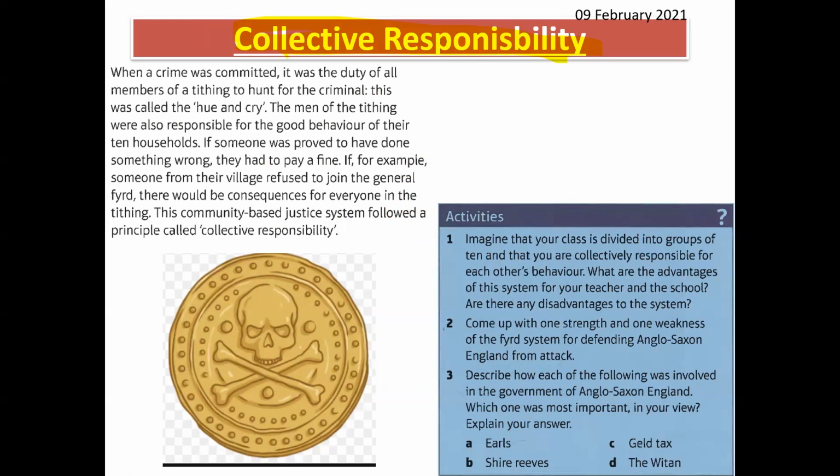If a crime was committed in your hide, in your little village, in your tithing, so tithing is roughly, remember, about 10 houses, 10 families. That's not going to be very difficult to sort out. 10 families, that's going to be maybe about 30 people.